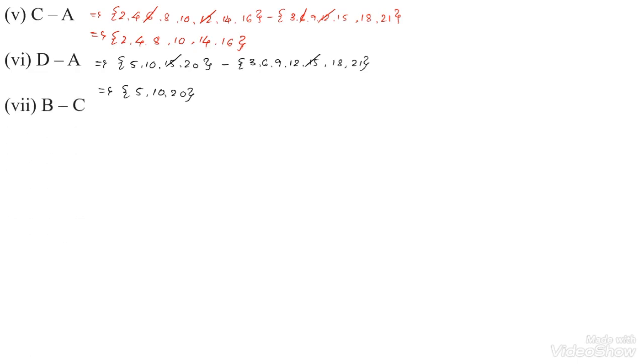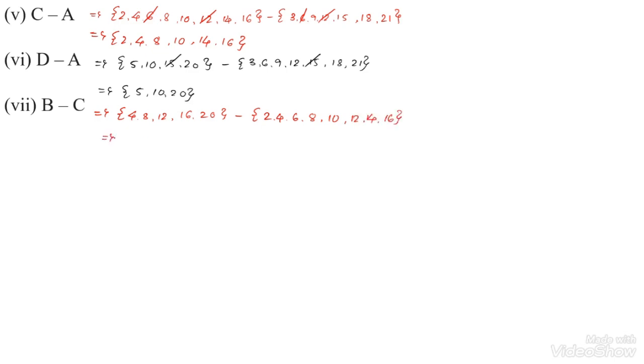Let us move on to the next question. B minus C. The set B containing the elements 4, 8, 12, 16 and 20. After that, the set C containing the elements 2, 4, 6, 8, 10, 12, 14 and 16.